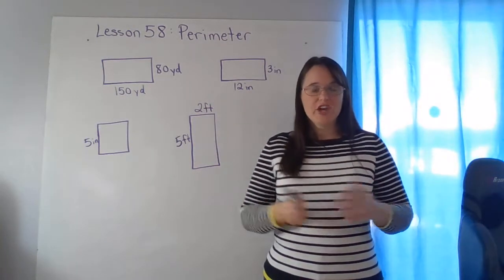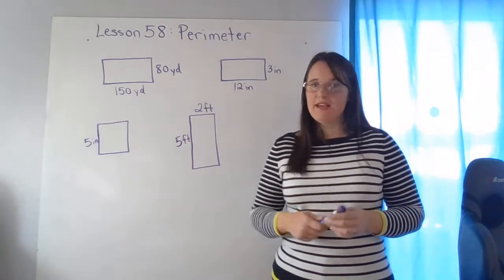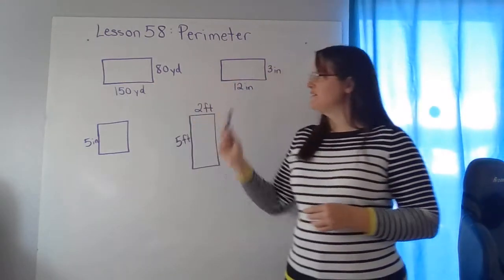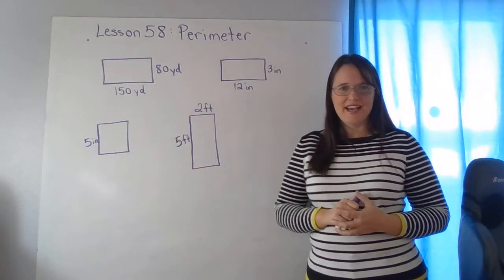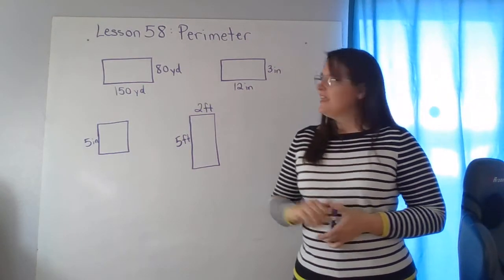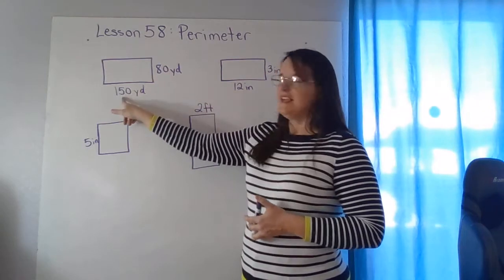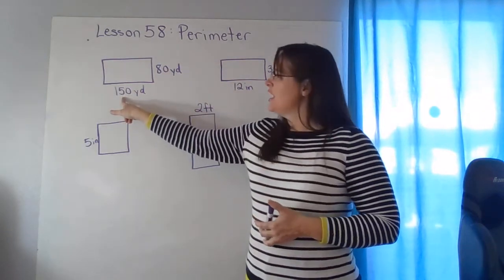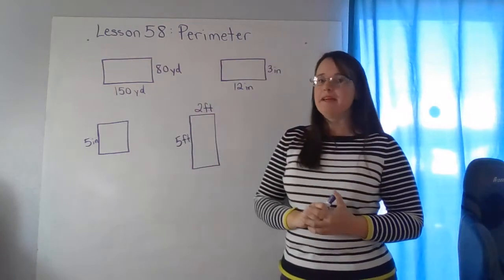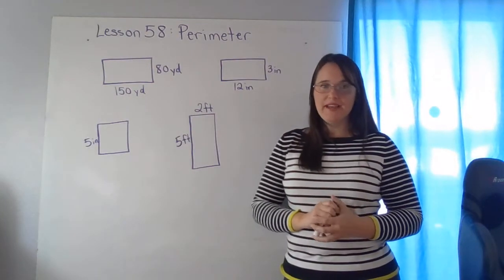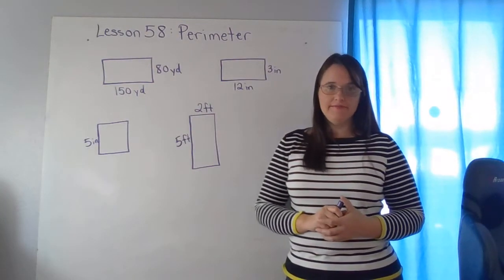So, with talking about rectangles, I want to look at a couple of rectangles I have up here. Do you notice that not all of the sides are labeled? Here I have 80 yards and 150 yards, but I didn't label these two sides. But there's some things that we know about a rectangle that can help me figure it out.